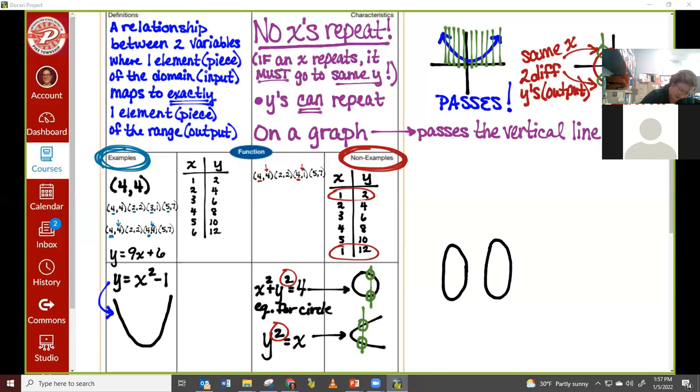So if I had something like 1, 2, 3, and a 7 over here, do you think something like this would qualify as a function or not a function? Nice job, Rana. That is a function. You can have lots of x's going to the same y, and that is absolutely allowed.